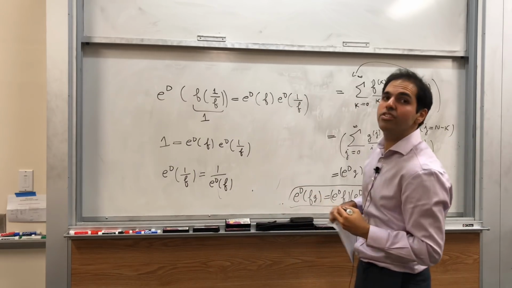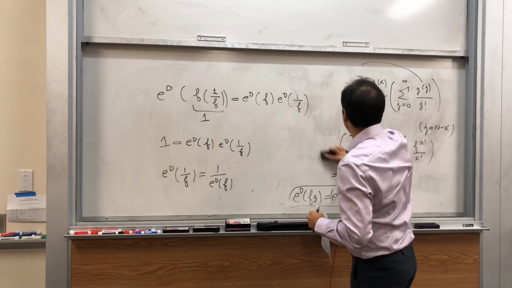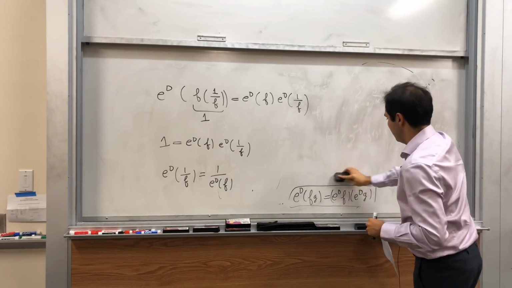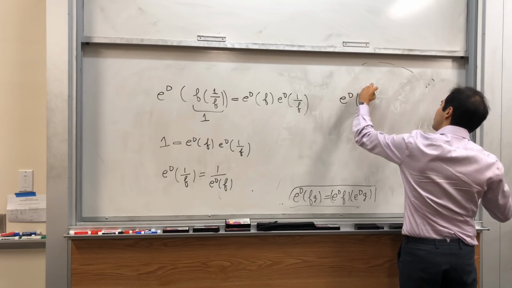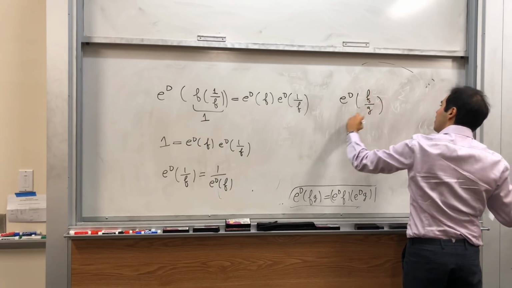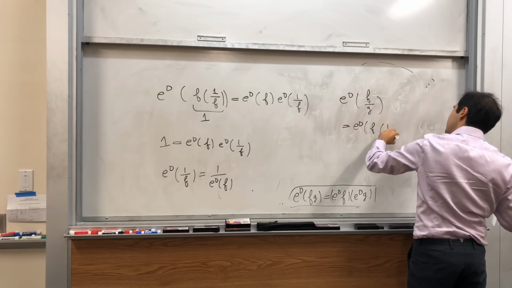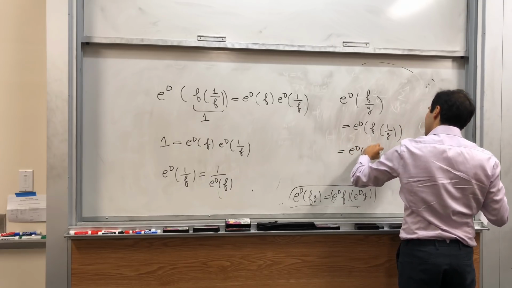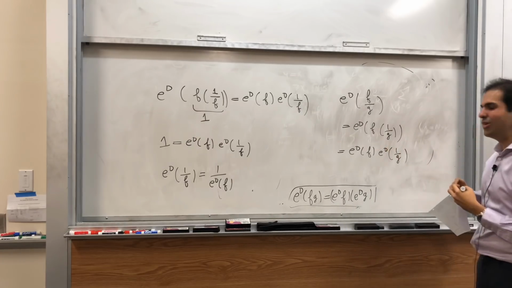This is generally true for homomorphisms, but in terms of the quotient law, what is e^d of f over g? Well, that's e^d of f times 1 over g. So that's e^d f times e^d of 1 over g, by the product rule.